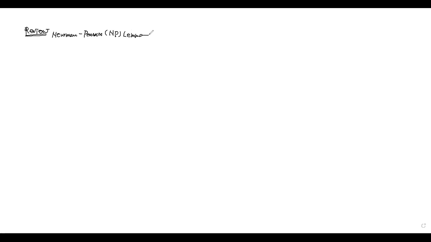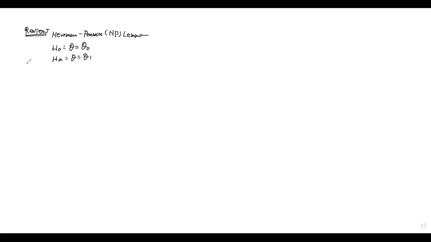So what is the Neyman-Pearson lemma? We say if we have a null hypothesis theta equal to some theta 0, and the alternative hypothesis theta equal to theta 1, this is a simple hypothesis test, where both are equal to specific values.